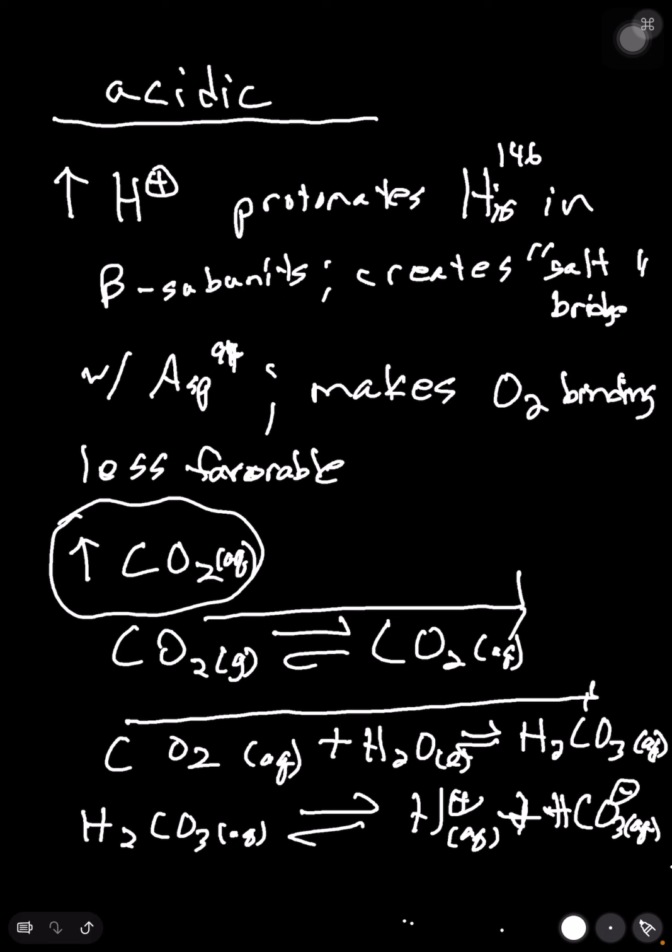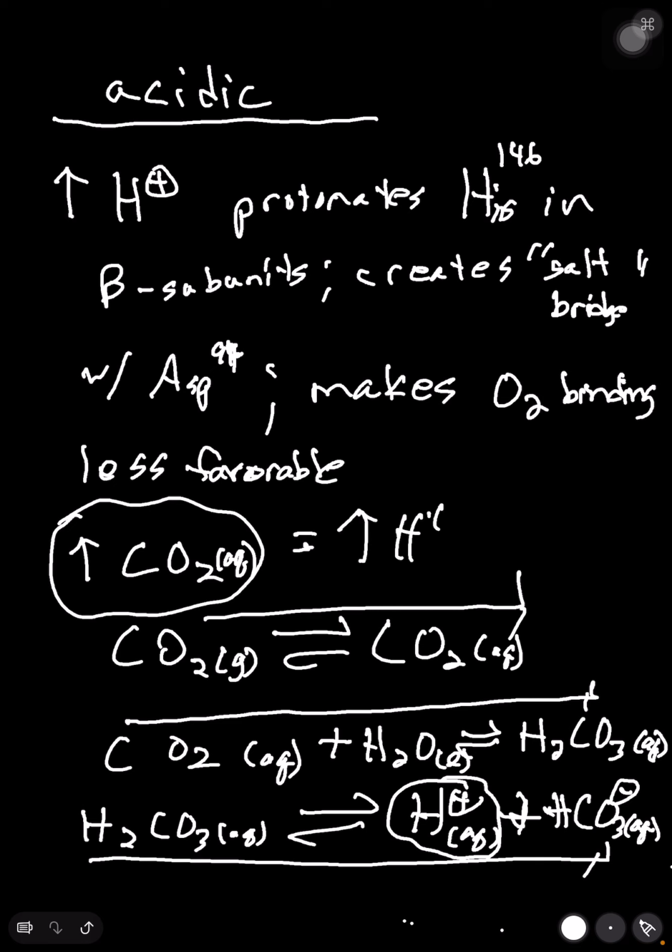And in turn, that means this equilibrium is going to be shifted this way to make more H plus and HCO3 minus. So therefore, if we increase the carbon dioxide concentration, as a byproduct, we also get an increase in H plus, and we'll have the same effect that we just previously described, right? So, both the presence of increased H plus and increased aqueous carbon dioxide tend to promote release of oxygen from hemoglobin. All right?